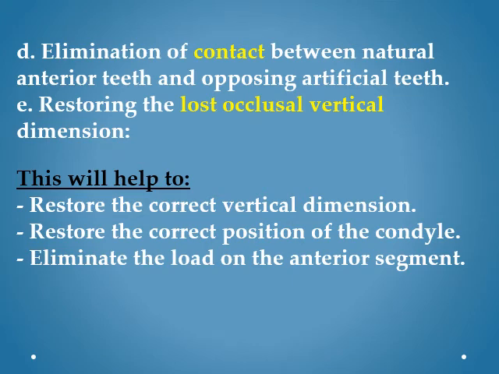Elimination of contact between natural anterior teeth and opposing artificial teeth, restoring the lost occlusal vertical dimension. This will help to restore the correct vertical dimension, restore the correct position of the condyle, and eliminate the load on the anterior segment.